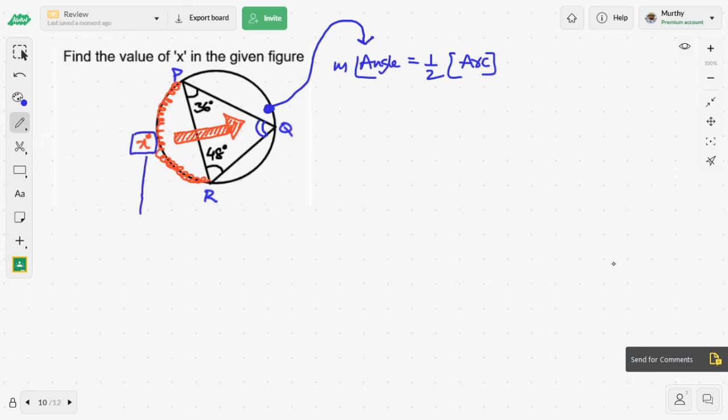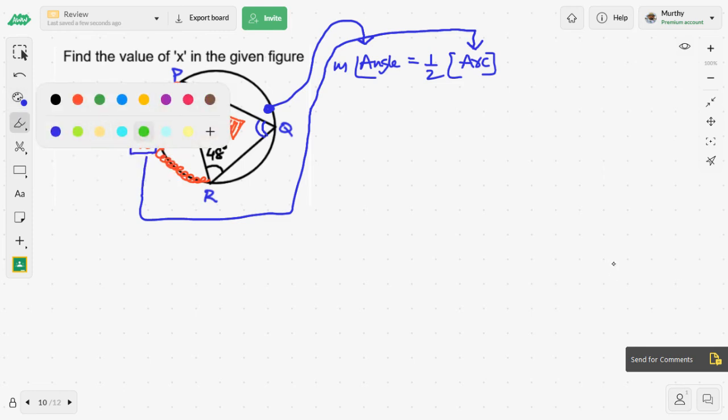If I knew the value of the arc, then I can plug it in here, right? I don't know either of these two values, but look at the given figure carefully. I see that there is a triangle.